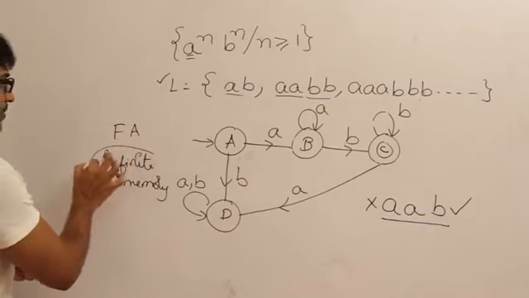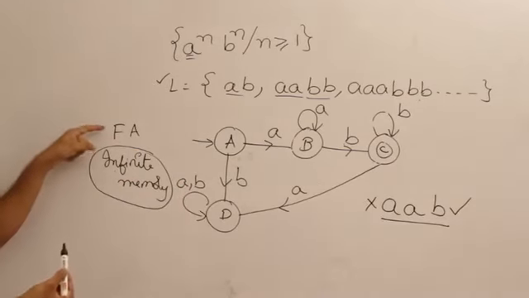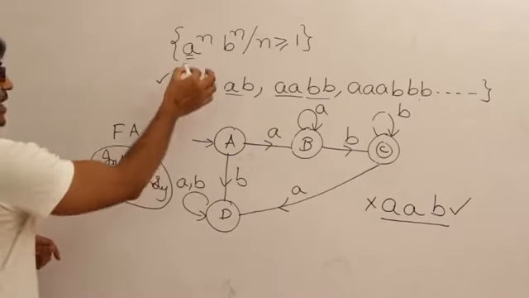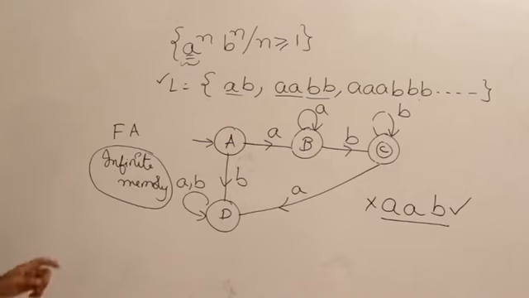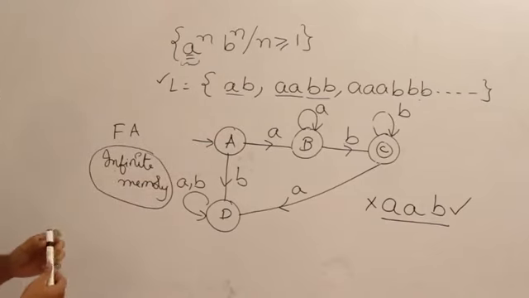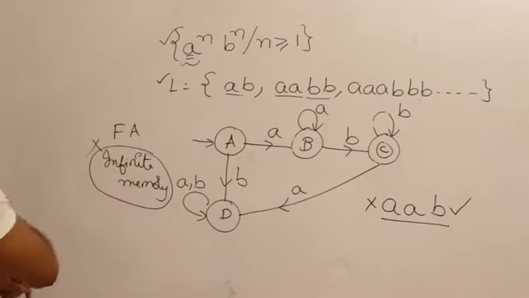But if a finite automata is asked to have infinite memory, if it has to count and store an infinite number of A's, it is not possible. Therefore, there are some languages for which constructing a DFA or NFA or in fact a finite automata is not possible, and this is one such example. The reason is, a finite automata doesn't have infinite memory.